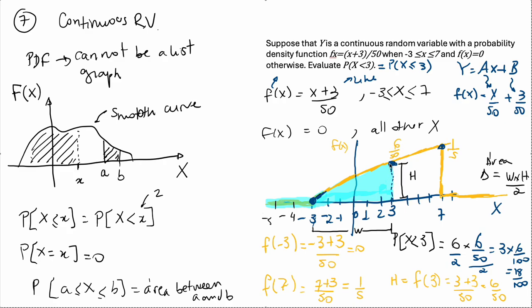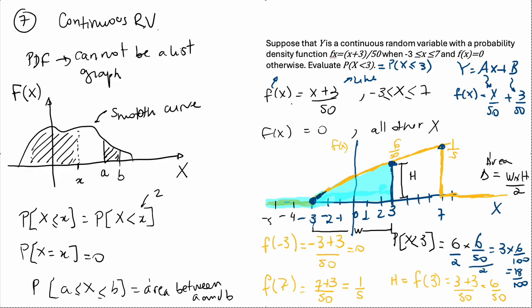So you will actually include 3 to make your life easier to calculate the area. Okay? Good? All right. So this is worth three marks in the test usually.